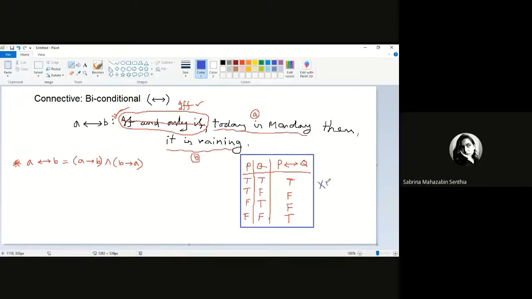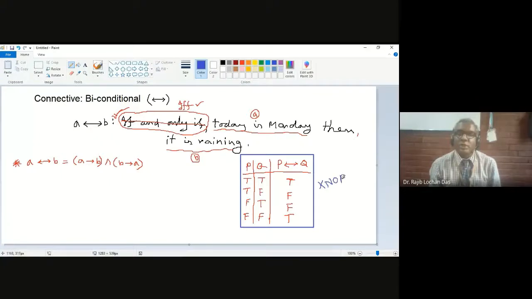Correct. So it is actually the XNOR gate. XNOR gate is the biconditional thing.